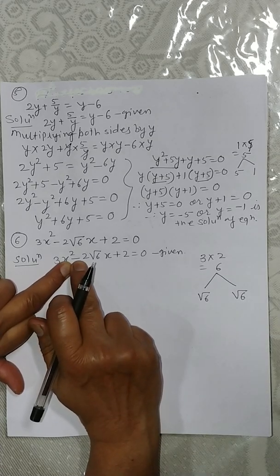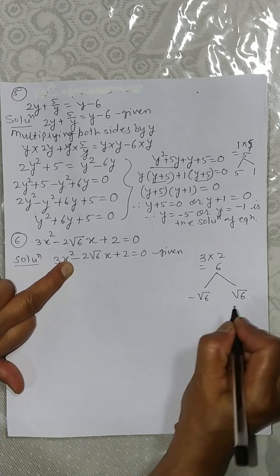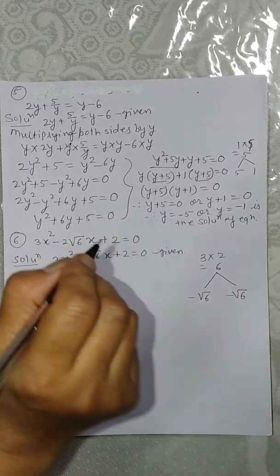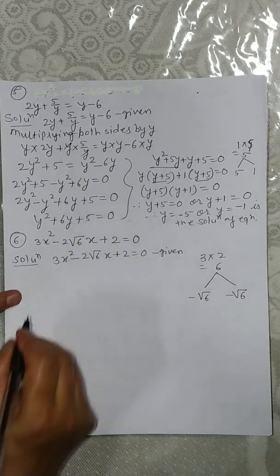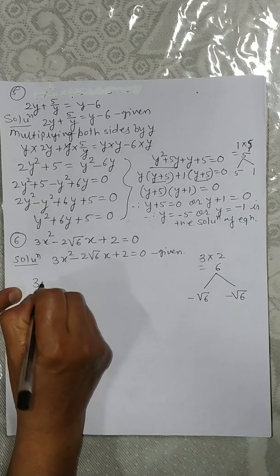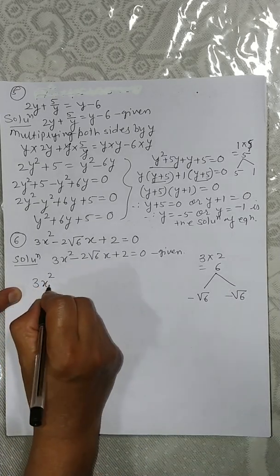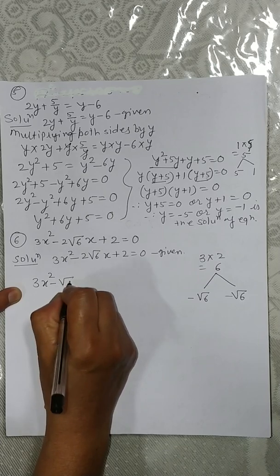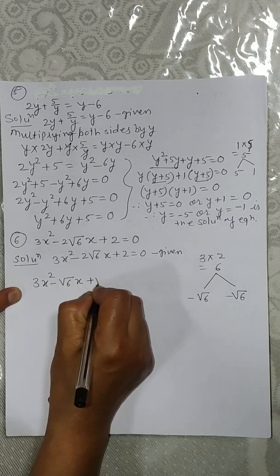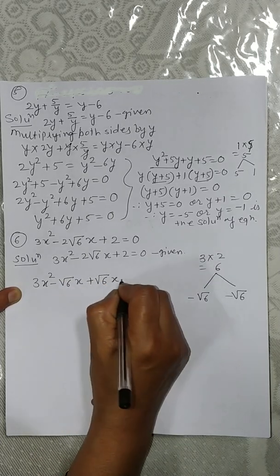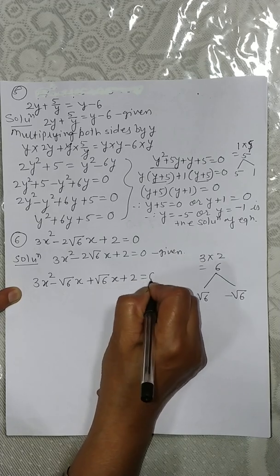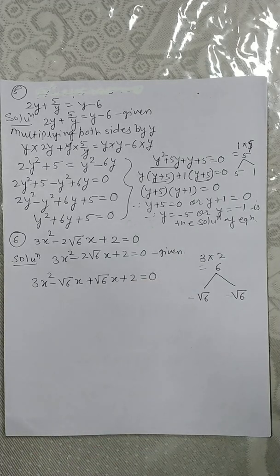But here we have minus 2 root 6, so both the factors are negative. So it is 3x square minus root 6x plus root 6x plus 2, it is equal to 0.